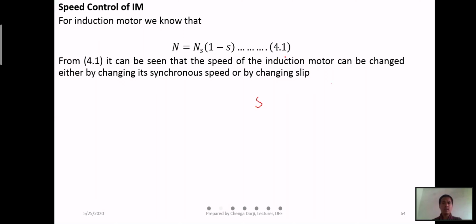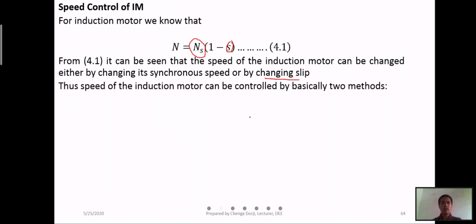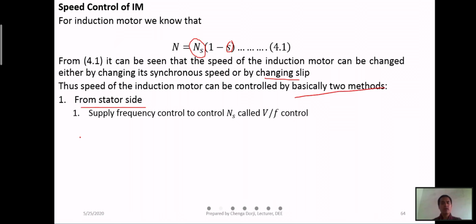From this equation 4.1, you can see that the speed of the induction motor can be changed either by changing the synchronous speed Ns or by changing the slip S. So the induction motor can be controlled basically by two approaches: from the stator side and from the rotor side.